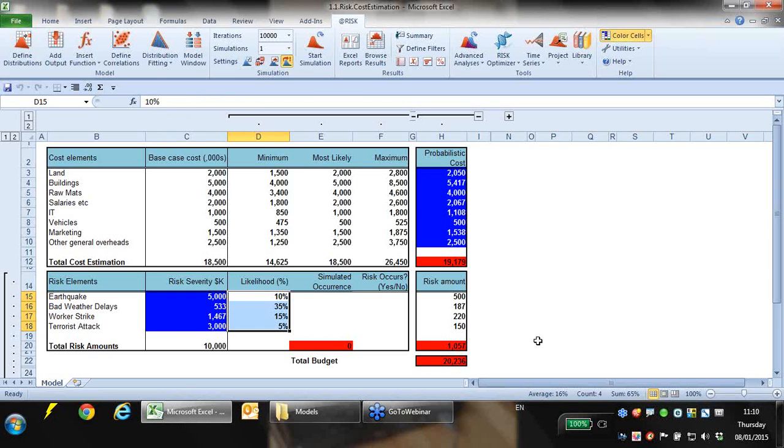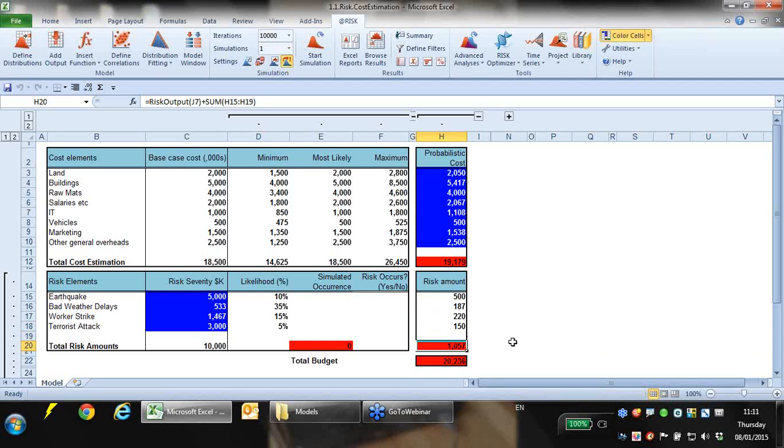Now, what a lot of companies do is they just multiply the impact by the likelihood to come up with this average risk amount. So here, the average cost of an earthquake is going to be 500, average cost of bad weather is going to be 187, worker strike 220, terrorist attack 150, meaning that the amount that we're going to set aside in the budget for risk is just over $1 million here.